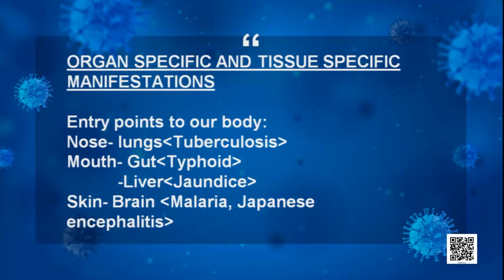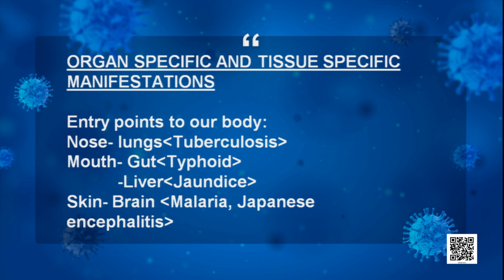You can take the example of the typhoid causing bacteria we have discussed, Salmonella. When you are taking contaminated food, suppose street food, and proper hygiene is not maintained, and that Salmonella bacteria is there in the food item, then after consuming that food, the bacteria enters through the mouth, infects your intestine, and then you will be suffering from typhoid.